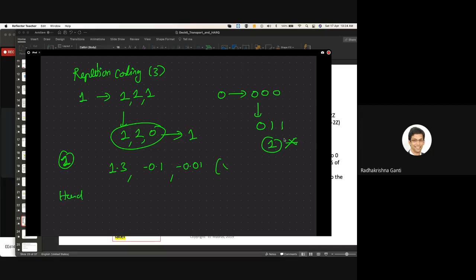This is y is equal to x plus n. If you do hard decoding, 1.3 will be hard decoded to the bit 1. This will be decoded to bit 0. This will be decoded to bit 0. So what will you declare your output as?